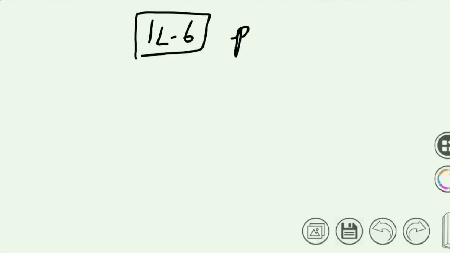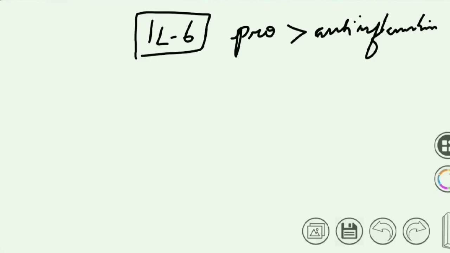Okay, now we'll move on to interleukin 6 per se. We'll discuss IL6. This is a predominantly pro-inflammatory cytokine. It is going to induce inflammation.